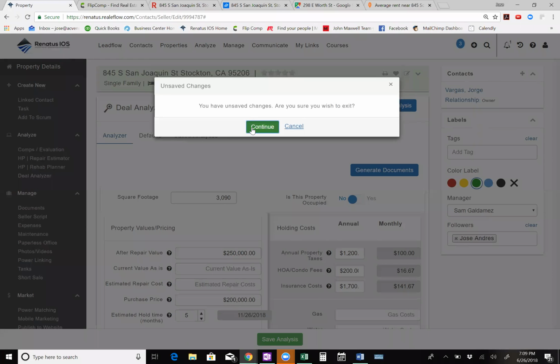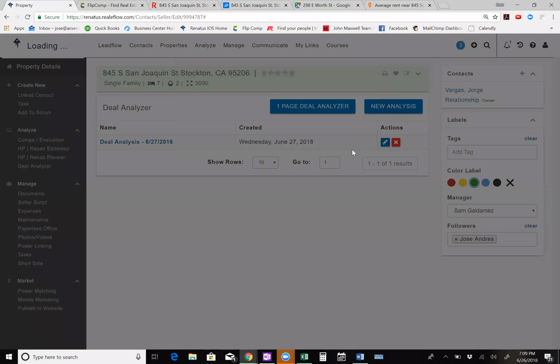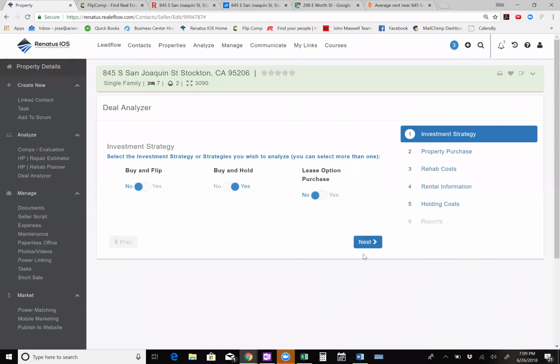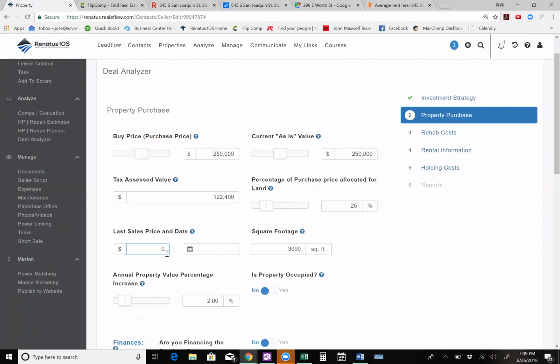So let's do this. I haven't played with this buy and hold analysis much, but let's try it out. So we're going to do, it's going to be a buy and hold. So let's say the purchase price is, she's asking 250,000, right? Yeah. I would say the current as is, let's just say 250. Last sale price was, what do you say, 64,000. Yeah, 64.